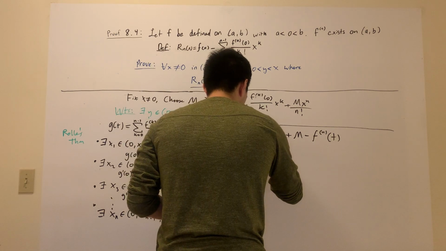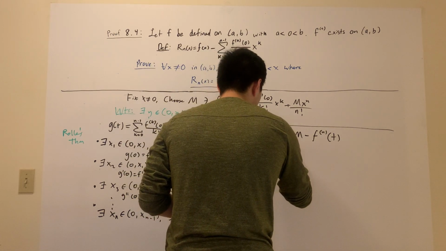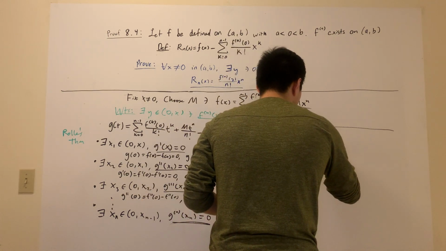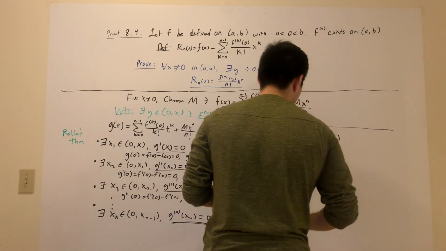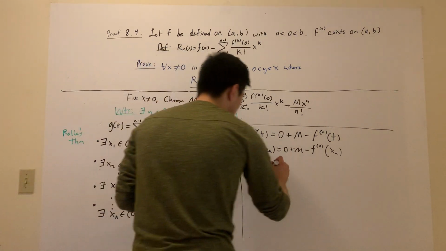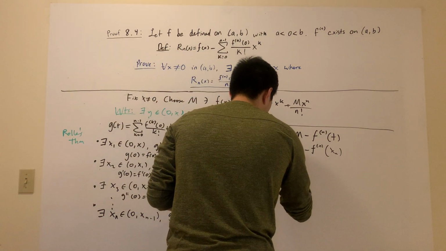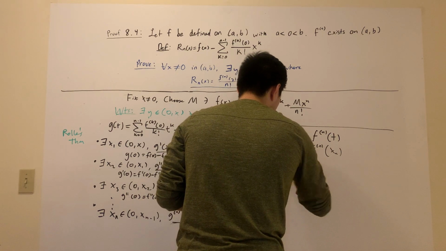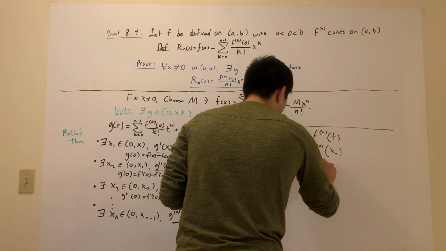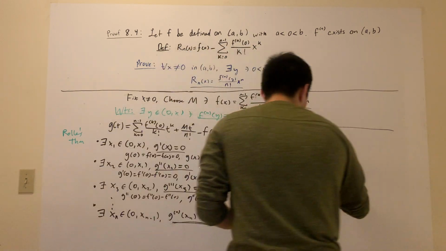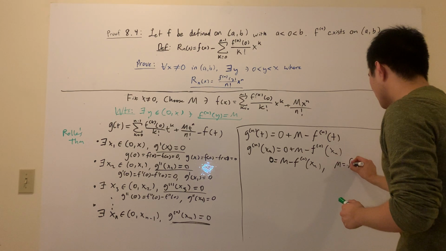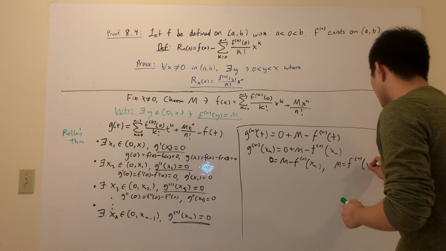So g to the nth derivative of x sub n equals 0 plus m minus f to the nth derivative of x sub n. Okay, and remember that equals 0 here, so we'll say that 0 equals m minus f to the nth derivative of x sub n, which also means that m is equal to f to the nth derivative of x sub n.